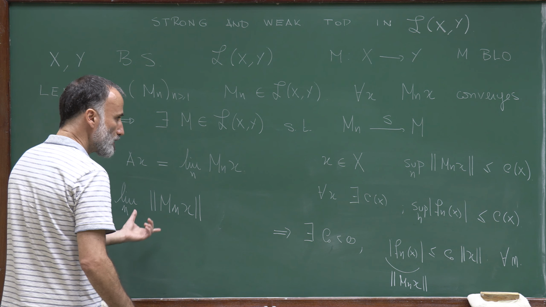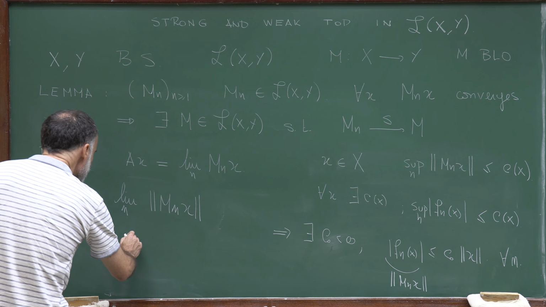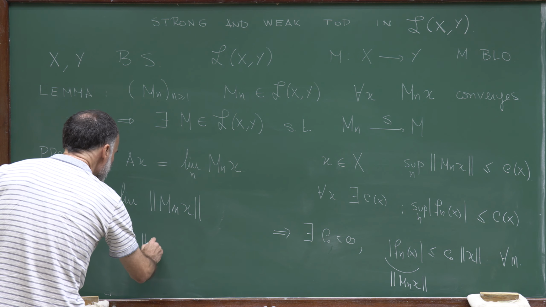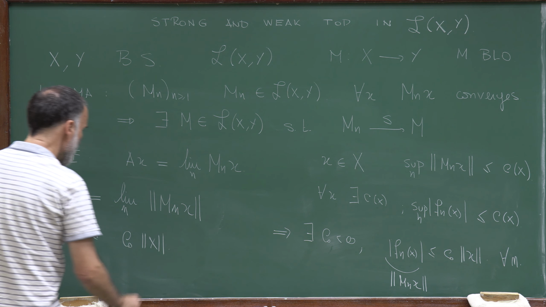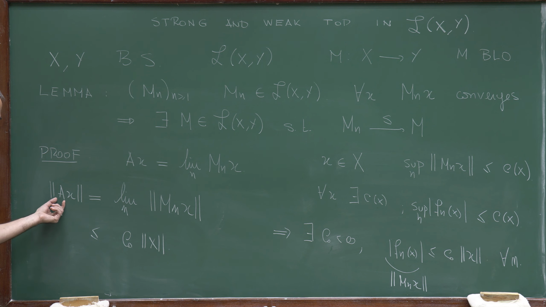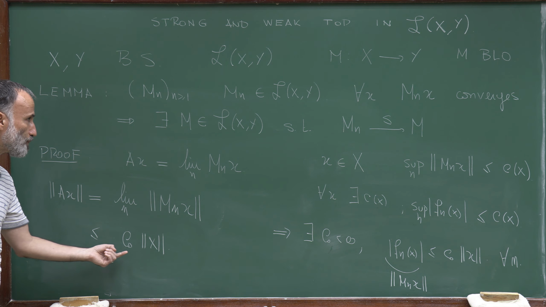So this limit is also bounded by this constant C0 times the norm of x. And this proves that the linear operator A is bounded.